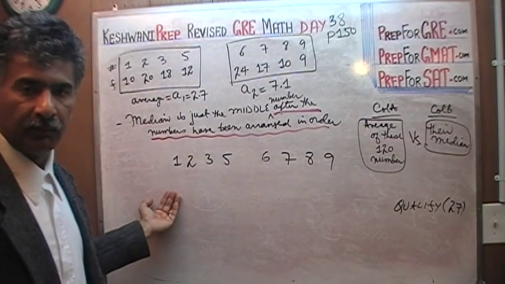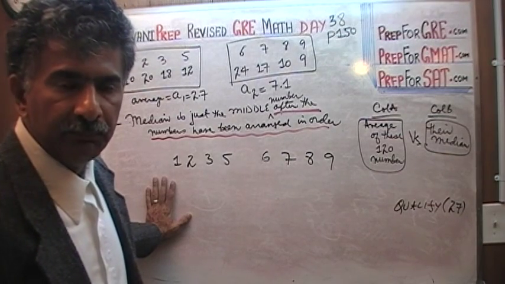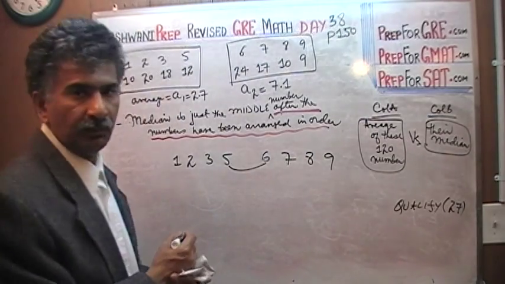When you have an even number of numbers, listen carefully, when you have an even number of numbers, the median is the average of the middle two numbers. Average of the middle two numbers.